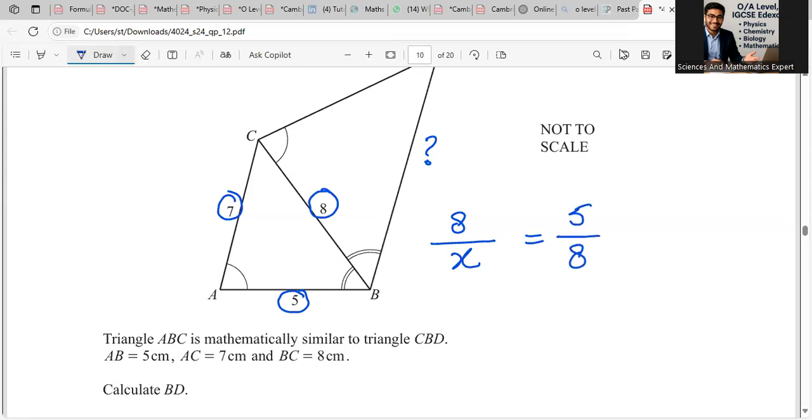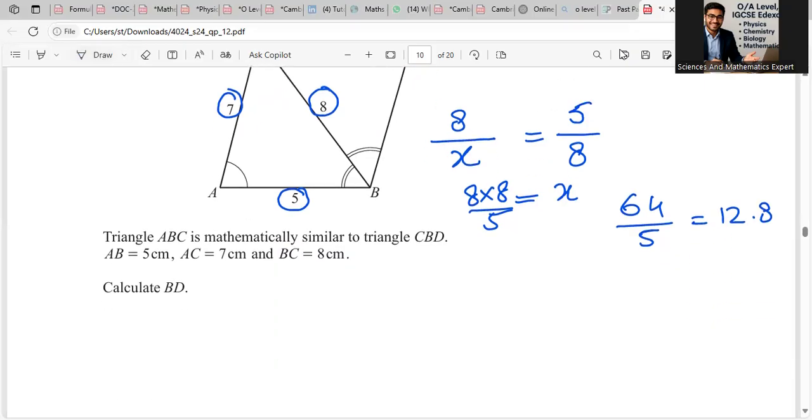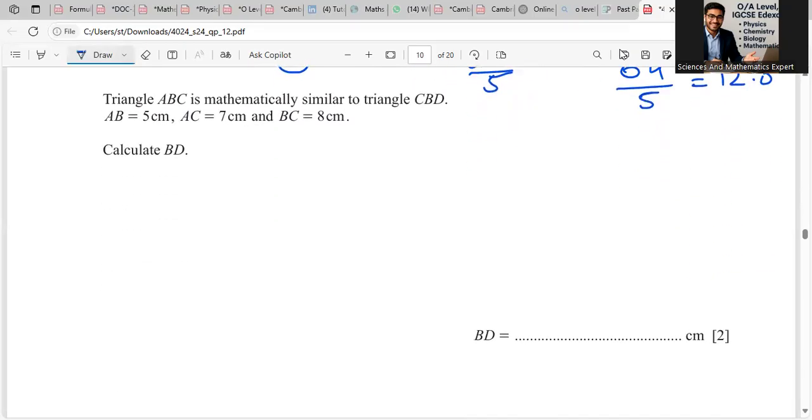So for calculation of x, if I just change the positions, x is equal to 8 multiplied by 8 over 5, that is 64 over 5, which will give me 12.8. So 12.8 is my BD.